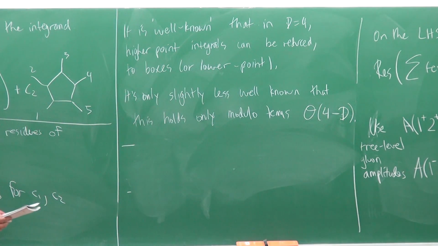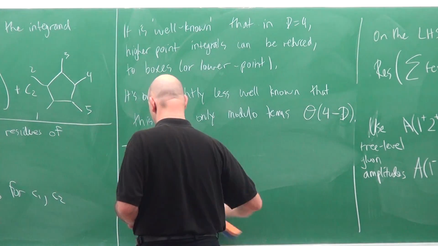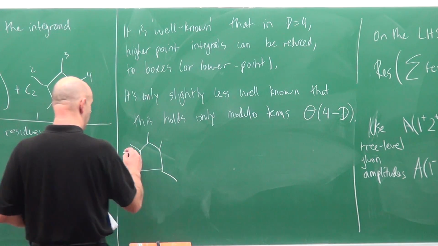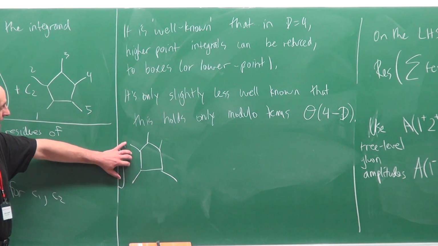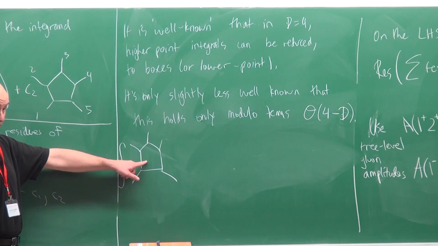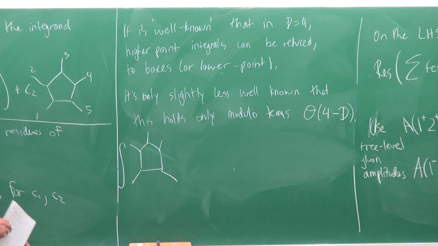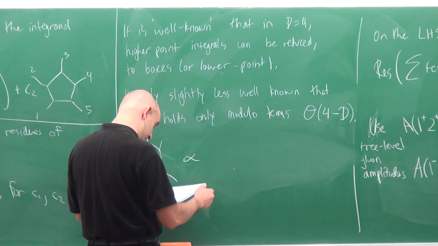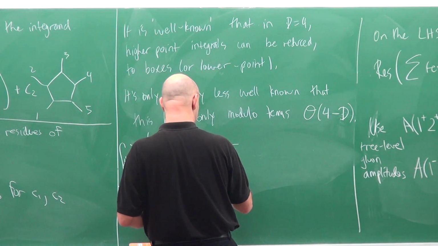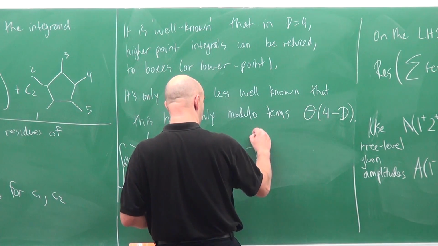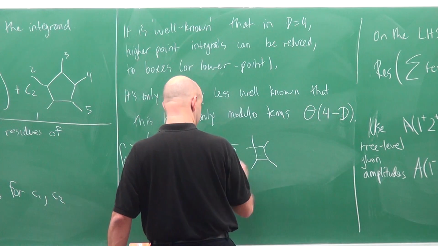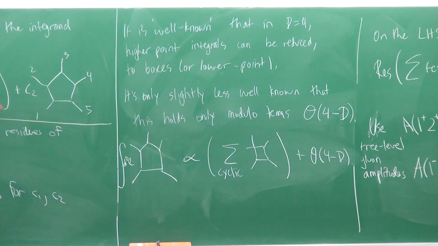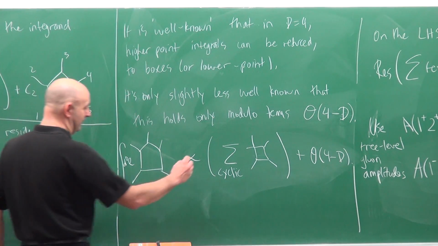So in other words, there's an integral relation which goes back to a paper by Bern, Dixon and Kosower, which says that the integral of, so I have in mind now viewing this as a rational function, and if you integrate that, this is equal to or proportional to a cyclic sum of boxes of that form plus order 4 minus d.